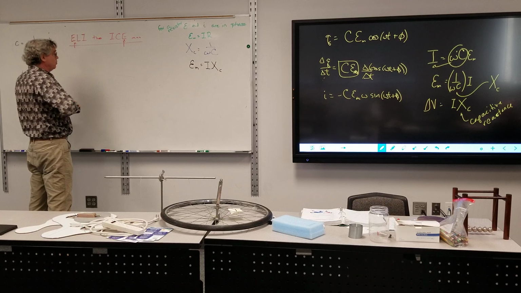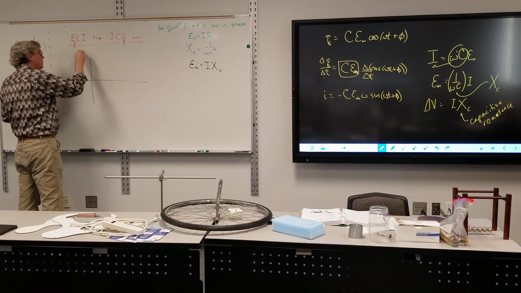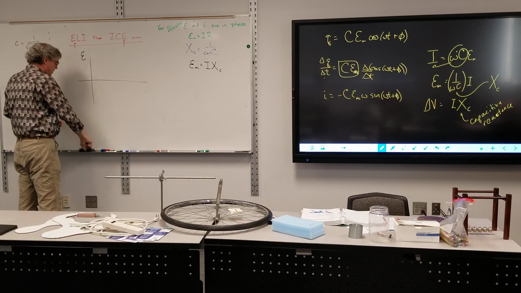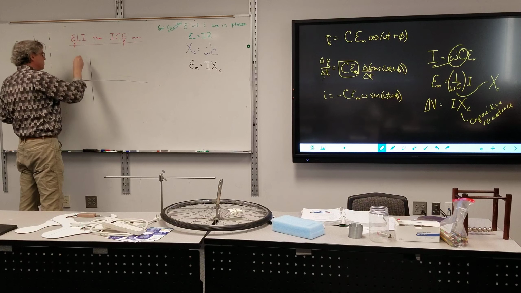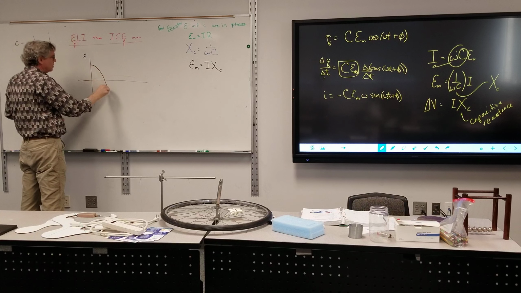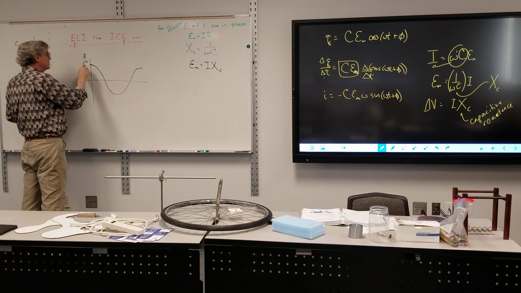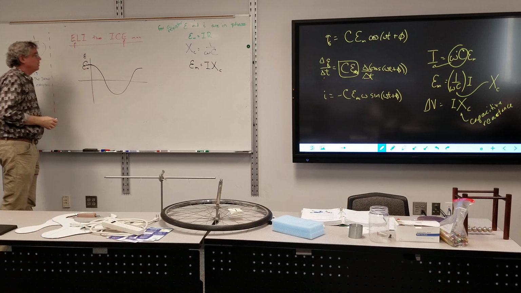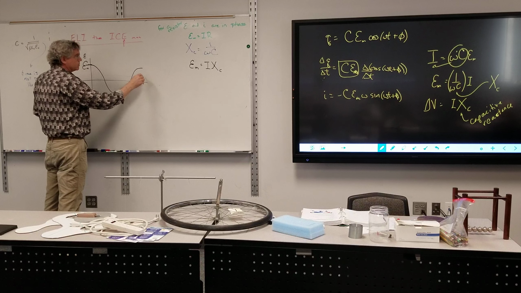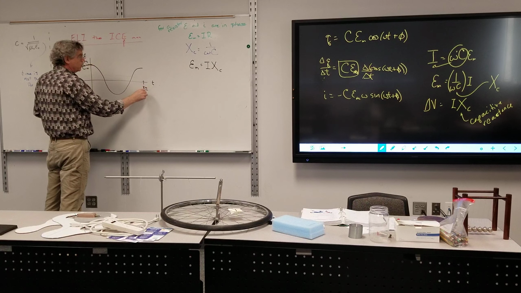So if I were to plot the EMF, and I've been drawing that capitalized, that really should be a lowercase epsilon, this has a period of 2 pi over omega.